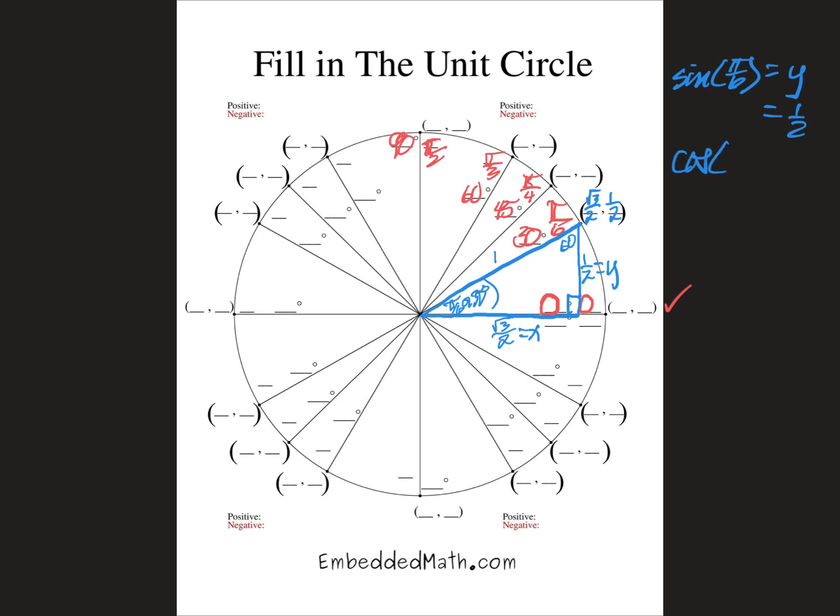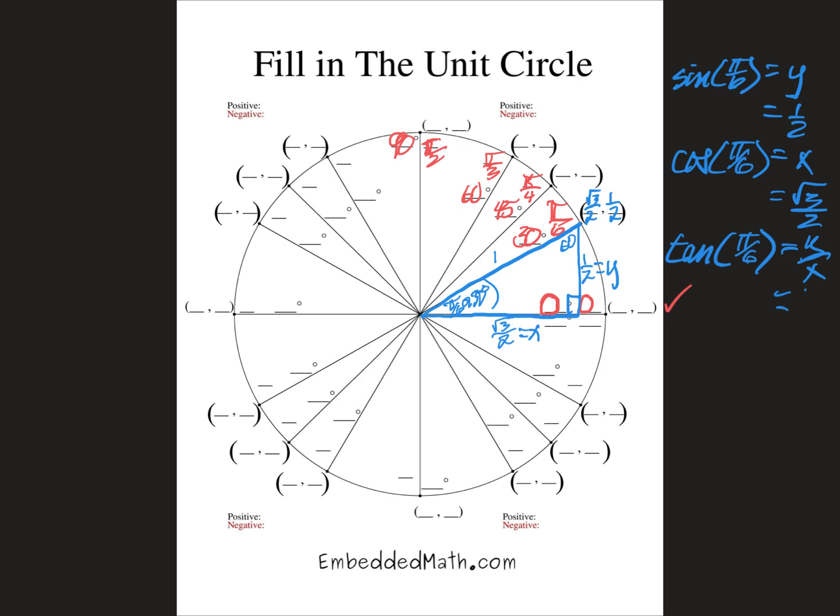Cosine of pi over 6 is equal to the x, which is square root of 3 over 2. And then, of course, if you wanted to do tangent of pi over 6, that would equal the y over the x.